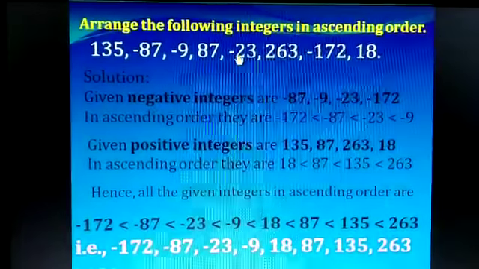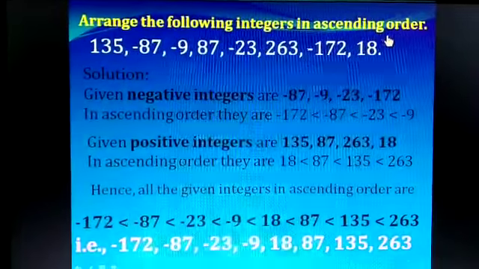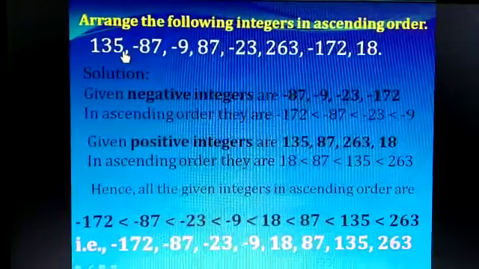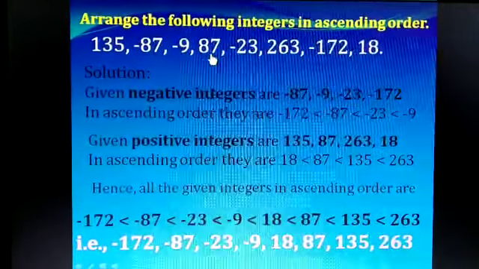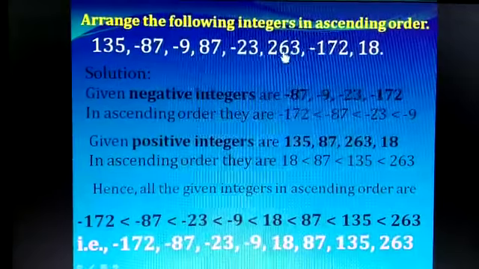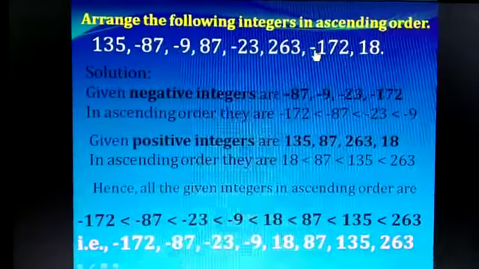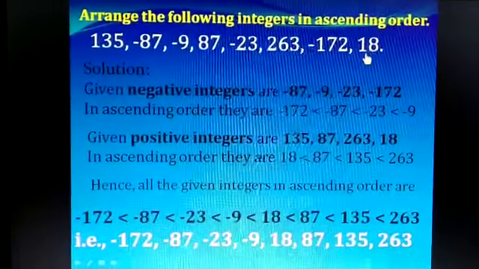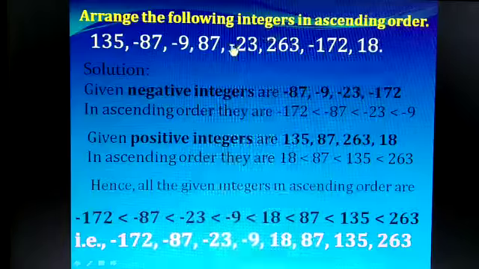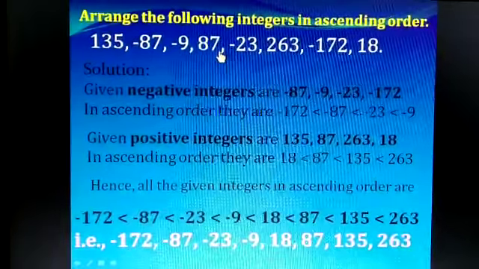Next, arrange the following integers in ascending order: 135, minus 87, minus 9, 87, minus 23, 263, minus 172, 18. Now try to solve this question.